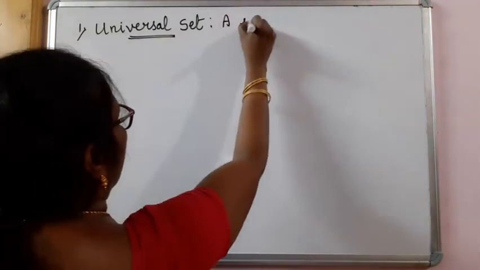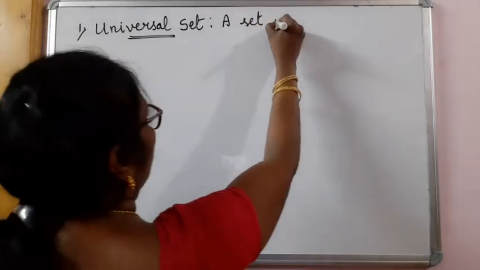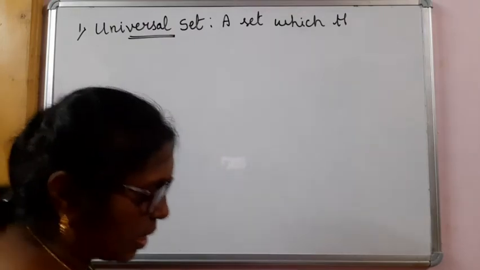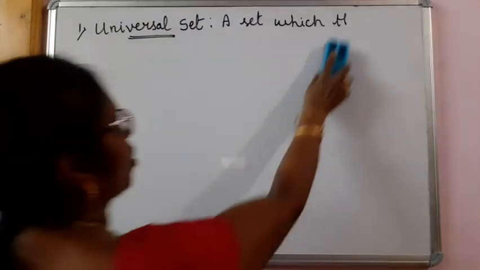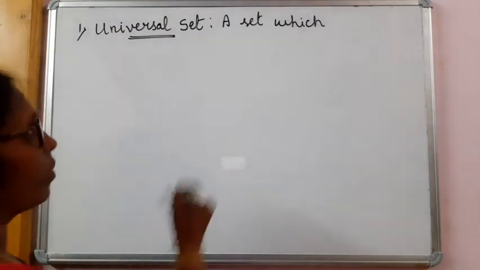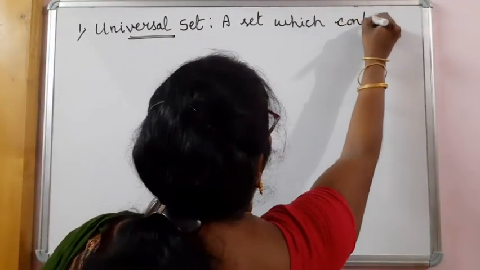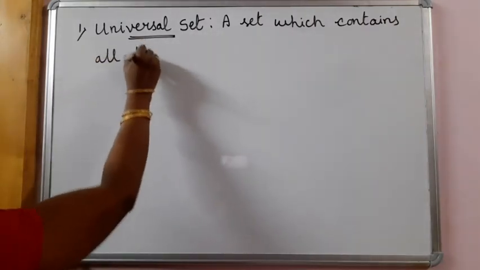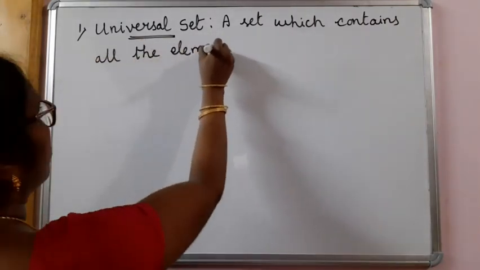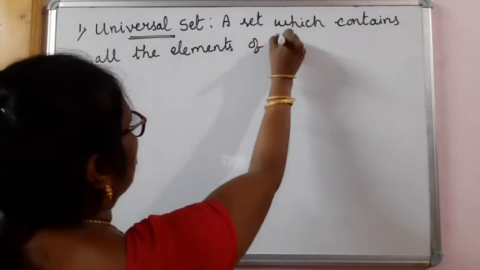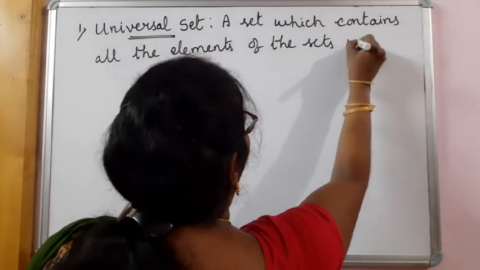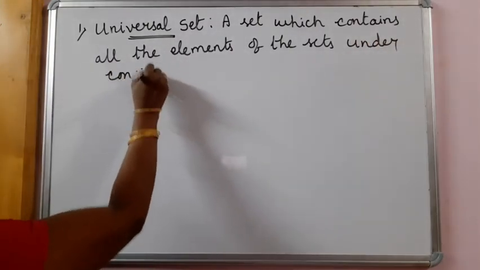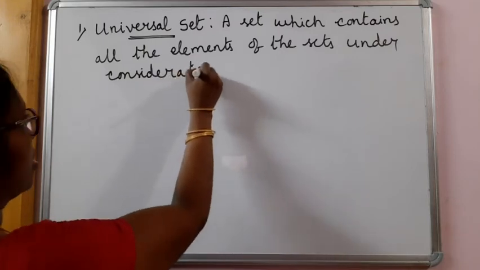A set which contains all the elements of the sets under consideration is called a universal set.